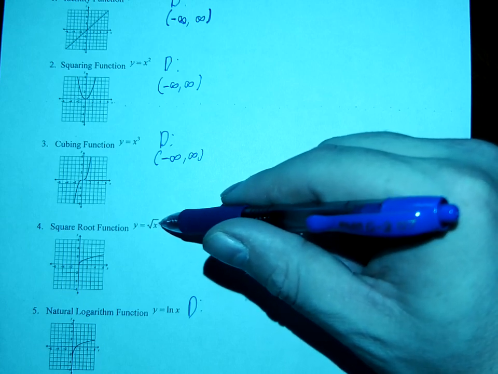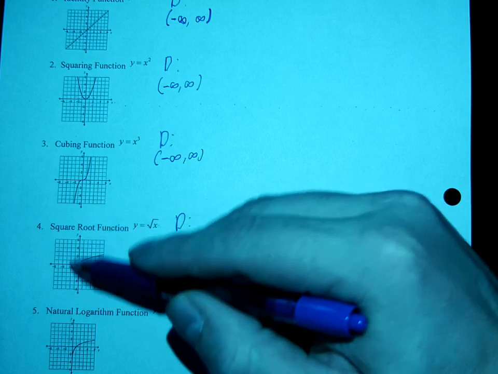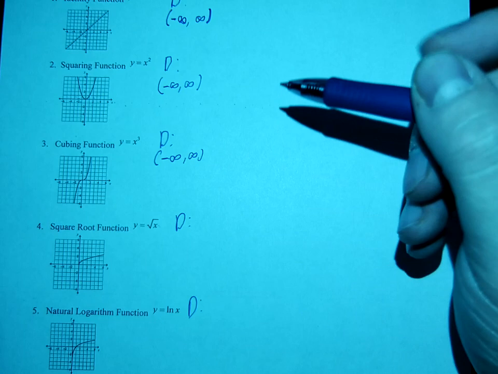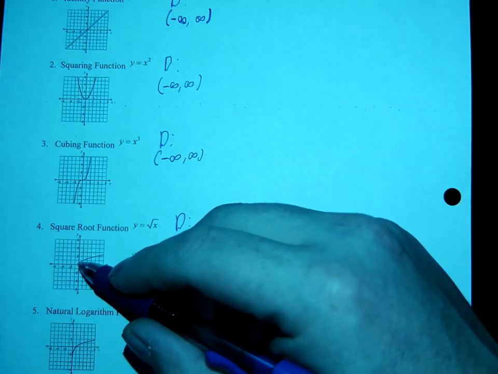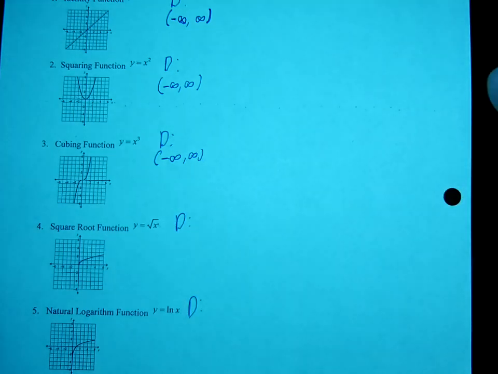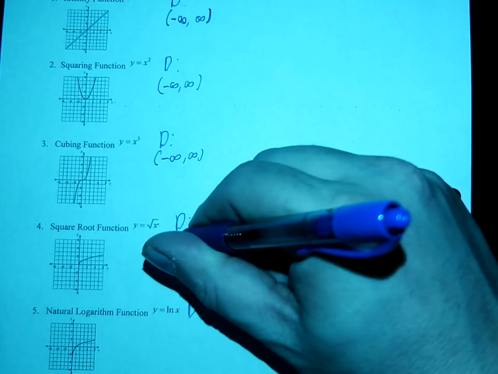But complex numbers do not graph on a real number coordinate plane. This is a real plane, not a complex plane. It does not have i in it. So I can substitute 0 in for x and get 0 out for y, but anything less than 0 cannot be substituted in for x. Therefore, my domain starts at 0 and goes up.